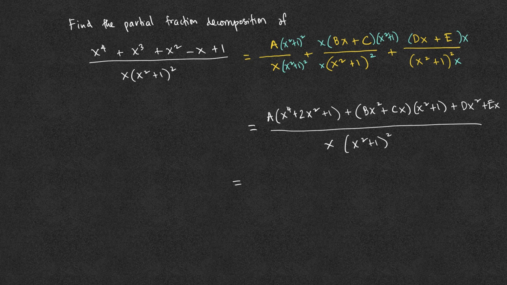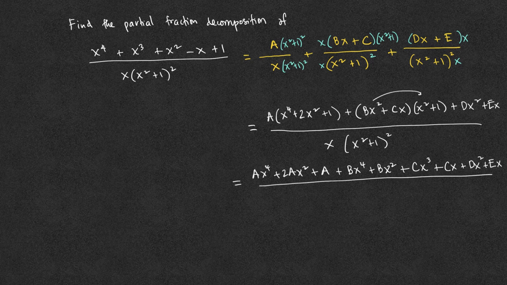And then distribute this further: Ax to the fourth plus 2Ax squared plus A, plus, and then we FOIL this, Bx to the fourth plus Bx squared plus Cx cubed plus Cx plus Dx squared plus Ex, over the least common denominator, which is x times (x squared plus 1) squared.